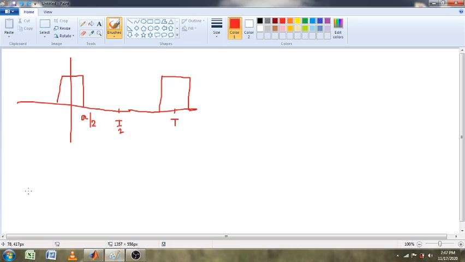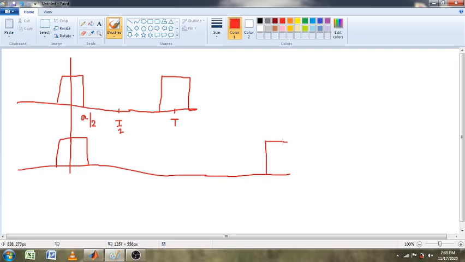If I draw two pictures, the next picture will have a larger time period. The first one was here, and if I make T larger, the next one might be repeated after a later interval. What happens when I make T tend to infinity now?